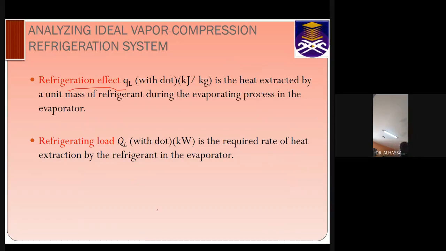Refrigeration effect means that they want you to calculate the value for QL, in the specific form in kilojoules per kilogram. So it means we want you to determine the cooling load, the amount of energy which is taken away from the refrigerated space. Similarly, when we say refrigeration load, it means QL, and this is in kilowatts.